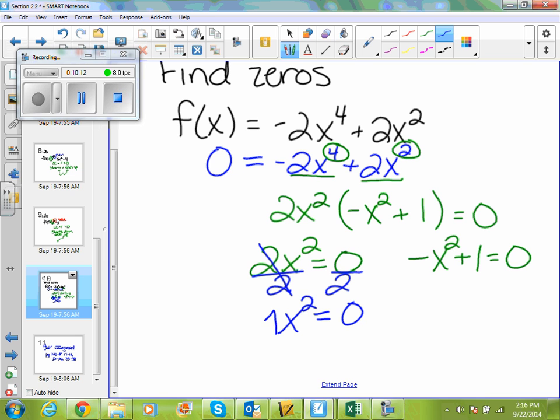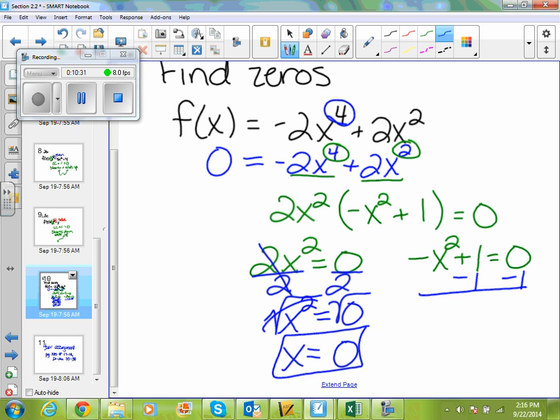Then you take the square root. Square root of 0 is 0, so x equals 0. So I know that my first answer is x equals 0. I know that I'm going to end up with 4 answers because my exponent is 4, so I need to find the other ones. Okay, so then if I go to solve this for x, I subtract 1, subtract 1.